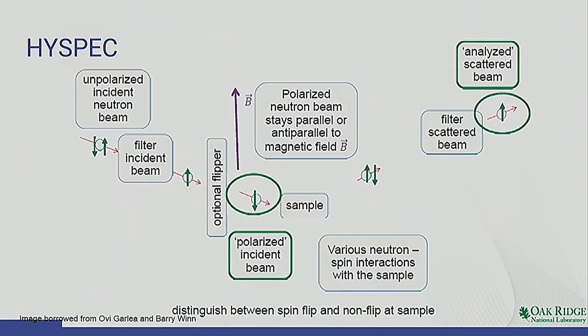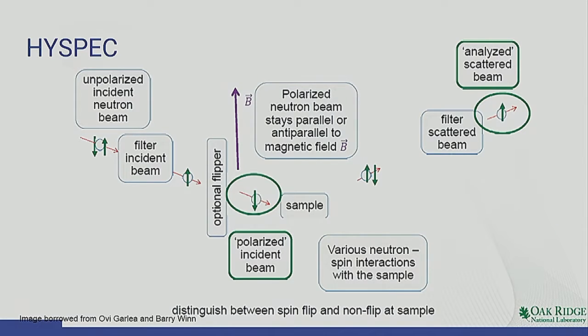So the name HighSpec comes from hybrid spectrometer. So it's a cross of a time-of-flight spectrometer with a triple axis. After it hits the monochromator, there's an optional spin flipper, which we need to use, as you'll see later. And that could basically flip the spin down to spin up.